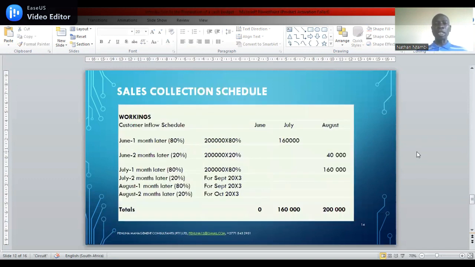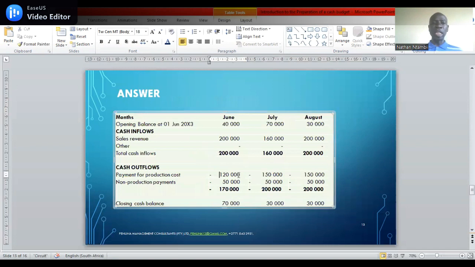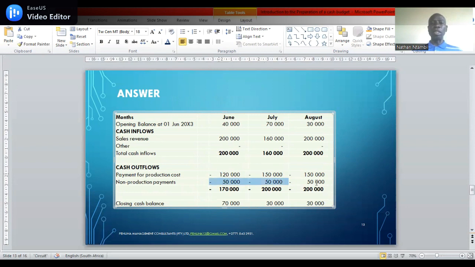So when you go back to our cash budget, you're going to see these amounts, which are 120, 150, and 150, payments for production costs. And then non-production payment costs are going to be 50 each month. And when we add them up, they give us 170, 200, and 200 as cash outflows.